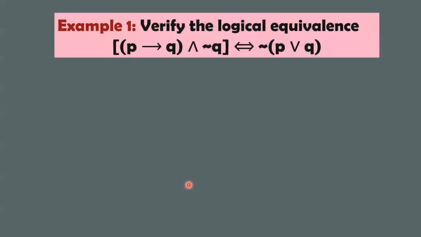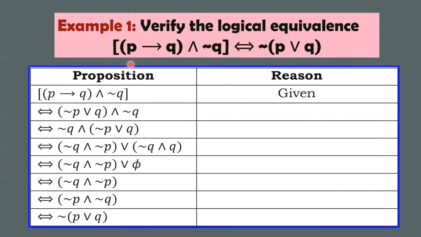Now, let me give you examples of proving wherein we're not going to use truth tables. We're going to use the laws that we had kanina. Let's have this one. We're going to verify the logical equivalence of this proposition. So, madali muna ang ibibigay ko.